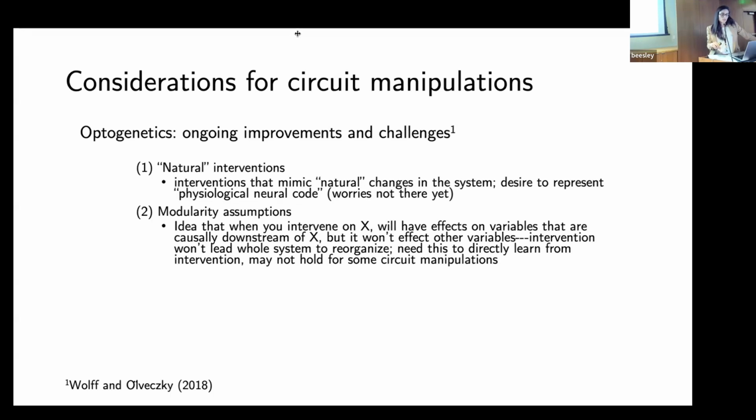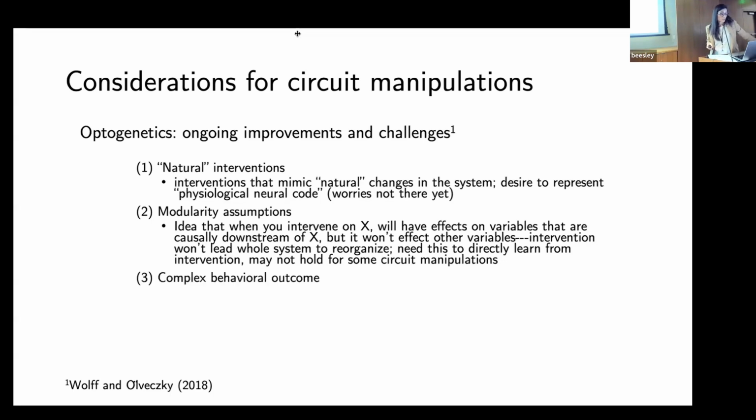In other words, the intervention is something that shouldn't lead the whole system to reorganize, and there are concerns about whether or not these modularity assumptions hold for these techniques. This is something that we would need to be in place in order to directly learn from these types of interventions.